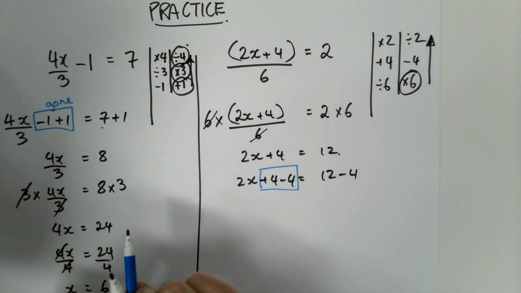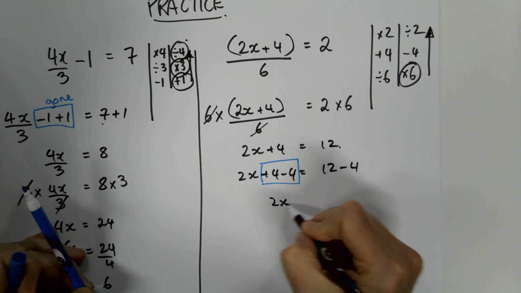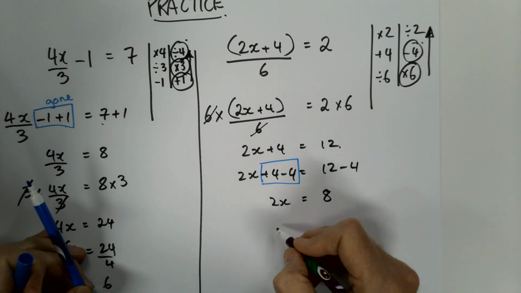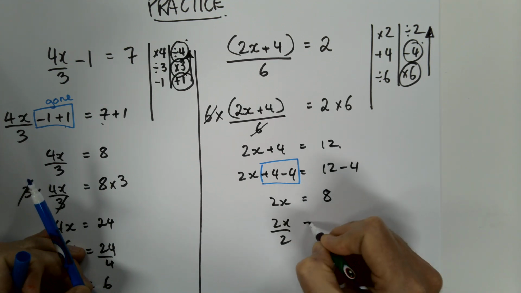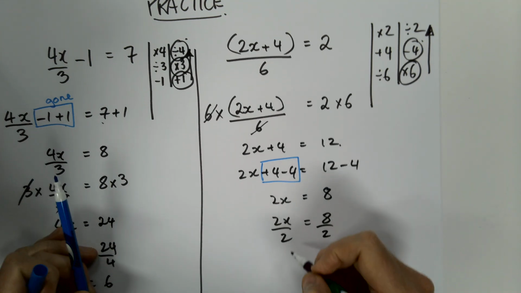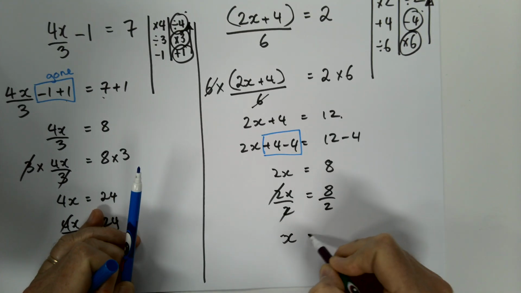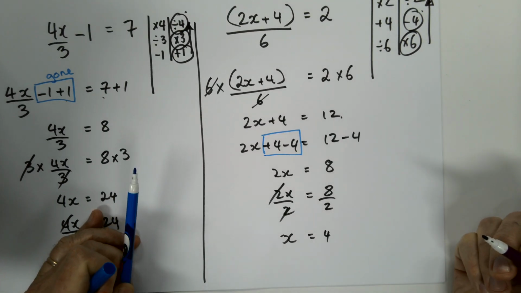That there's gone. So I've got 2x equals 8. Done that one. And now I divide by 2. Cancel, cancel. x equals 4. All right, okay.